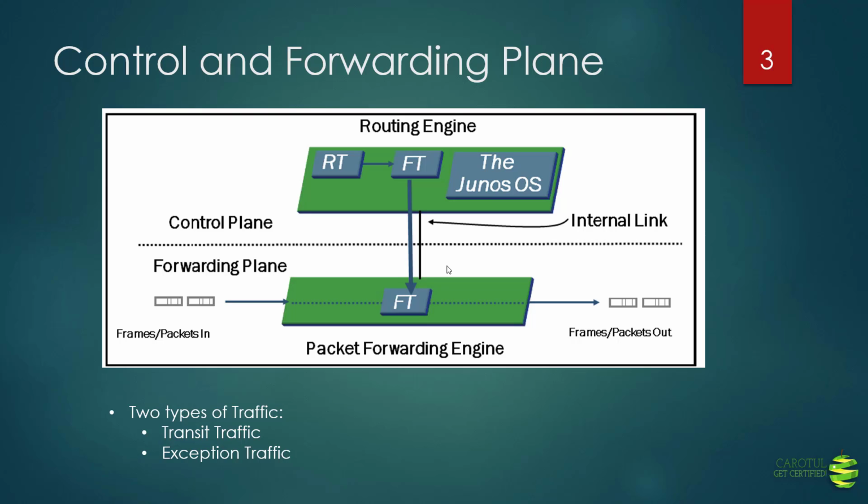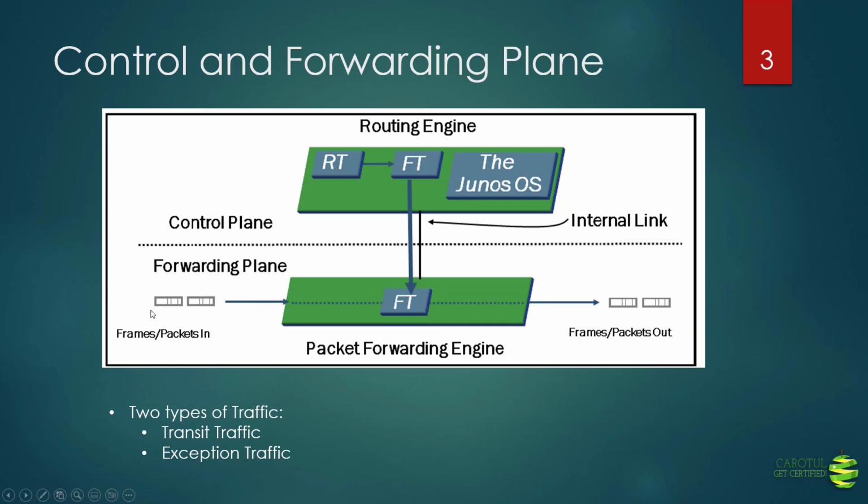It makes them really fast, because these ASICs are not bothered about the user configuration, the routing updates, neighborships, anything. This is all managed by the routing engine, right? So it is only going to forward the frames. And the best thing is that once you copy the routing table as the forwarding table into the packet forwarding engine, then it can use it to decide or take action on the packets based on their source or destination IP addresses, right?